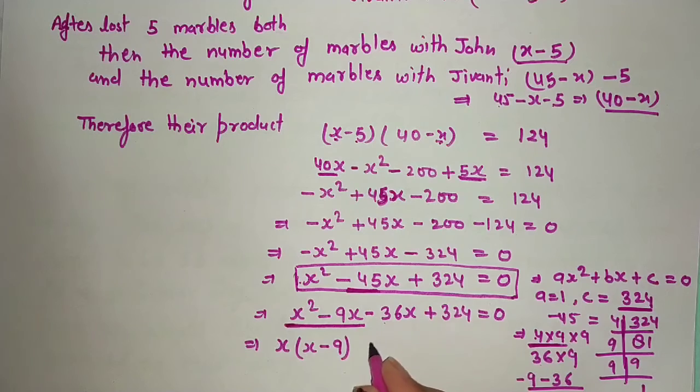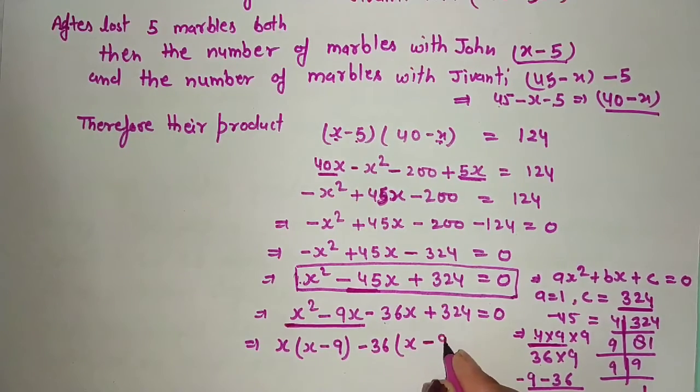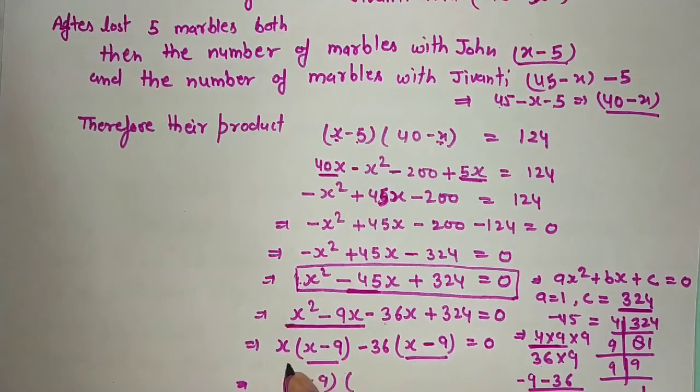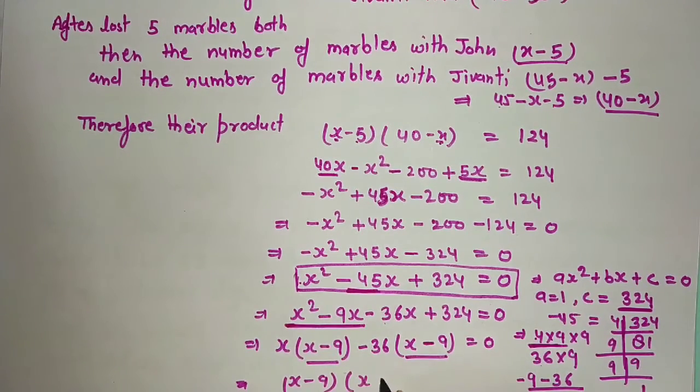Here by taking minus 36 as common, the remaining is x minus 9, equal to 0. We can write it as: taking x minus 9 as common, the remaining is x in this term and minus 36 in this term, equal to 0.